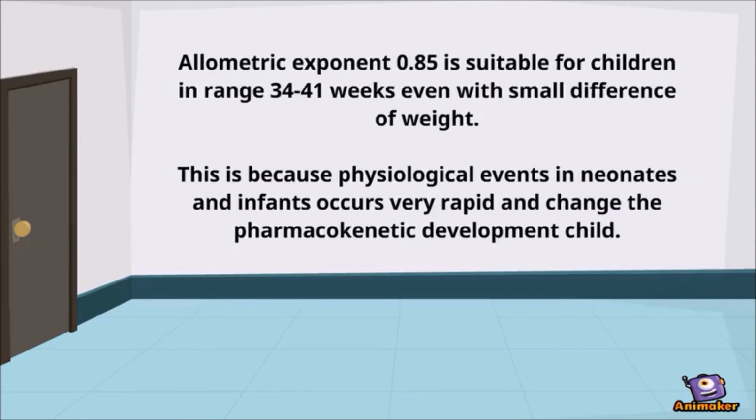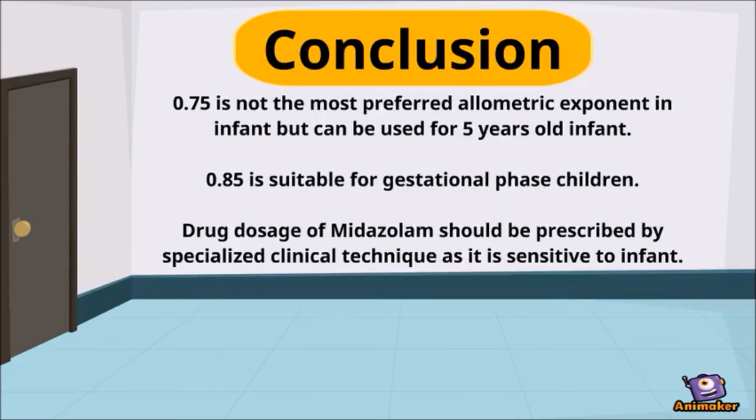And then, allometric exponent 0.85 is suitable for children in the range of 34 to 41 weeks, even with a small difference of weight. This is because physiological events in neonates and infants occur very rapidly and change the pharmacokinetic development of the child.